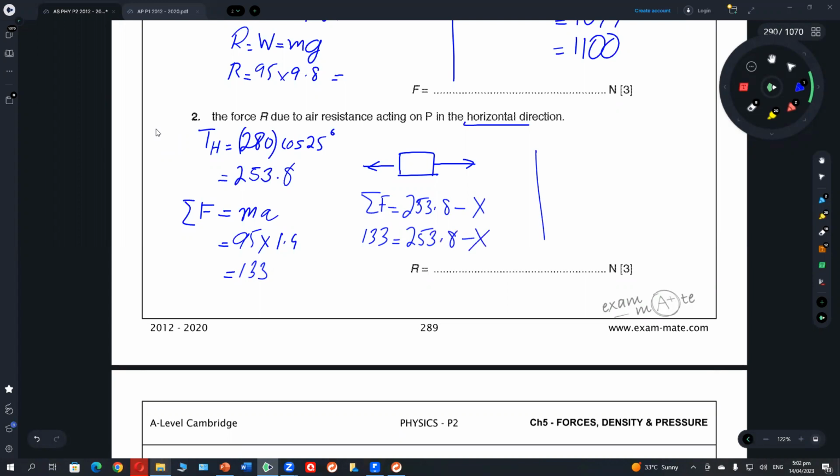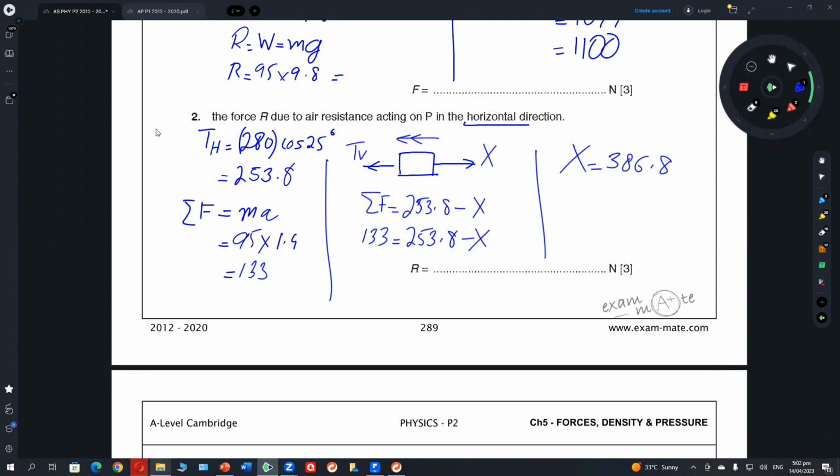We can solve to get X. That is 386.8. Okay, so we got this force.